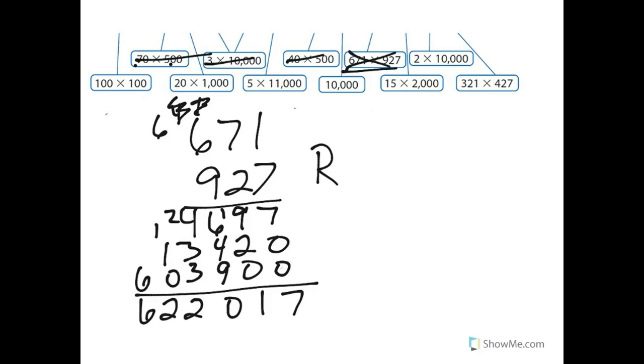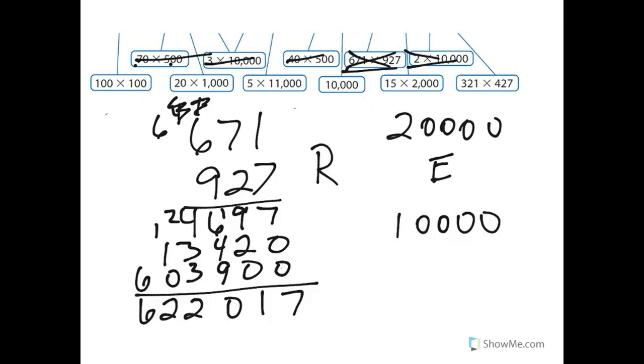Cross that out. 2 times 1 is 2 with 1, 2, 3, 4 zeros, and again, 20,000 is E. 1 times 1 is 1, with 1, 2, 3, 4 zeros. 10,000 is A. 2 times 1 is 2, with 1, 2, 3, 4 zeros.